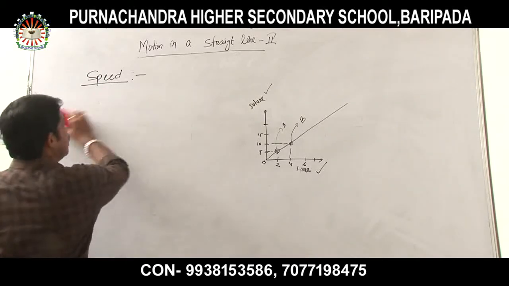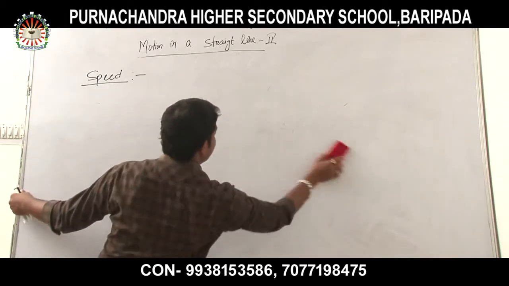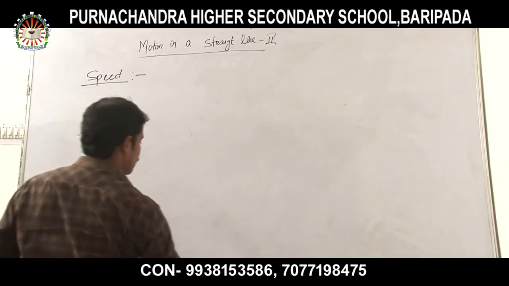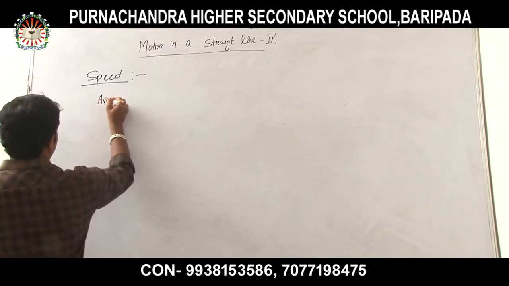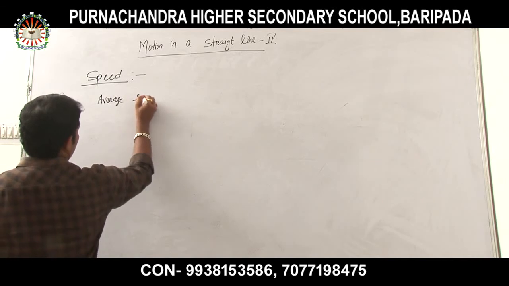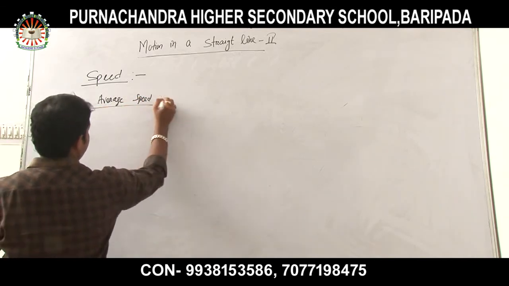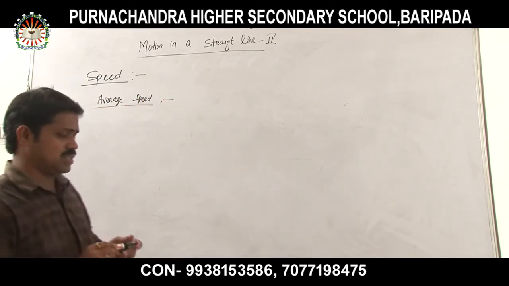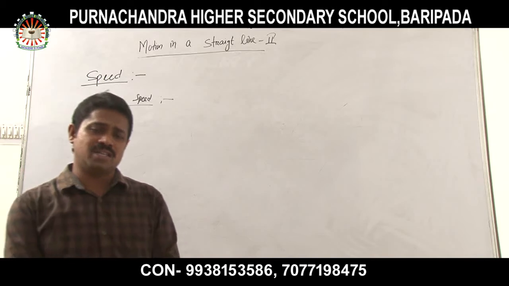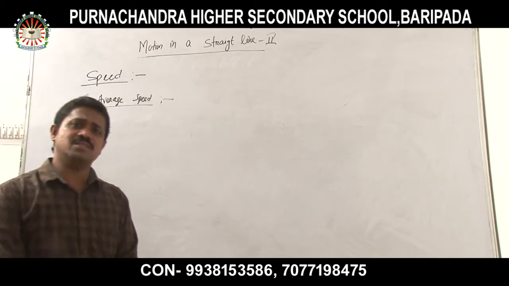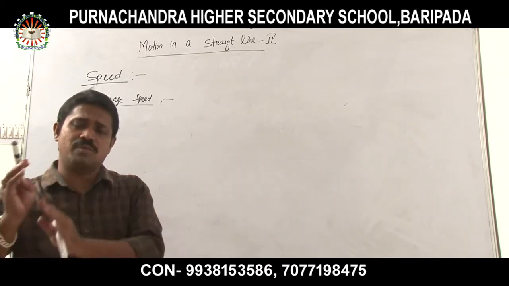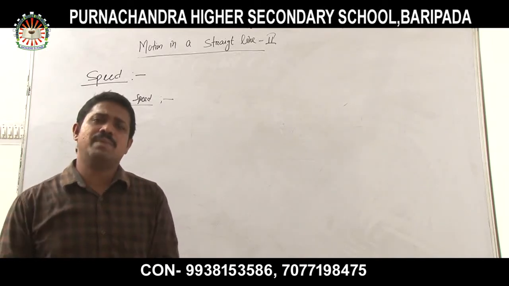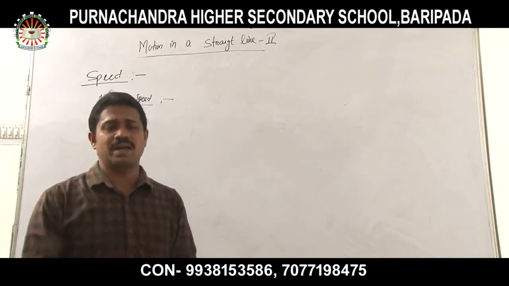So next, let us know about average speed. What is average speed? Let us define it first. Average speed is nothing but the total distance covered by the object divided by the total time taken by that object.